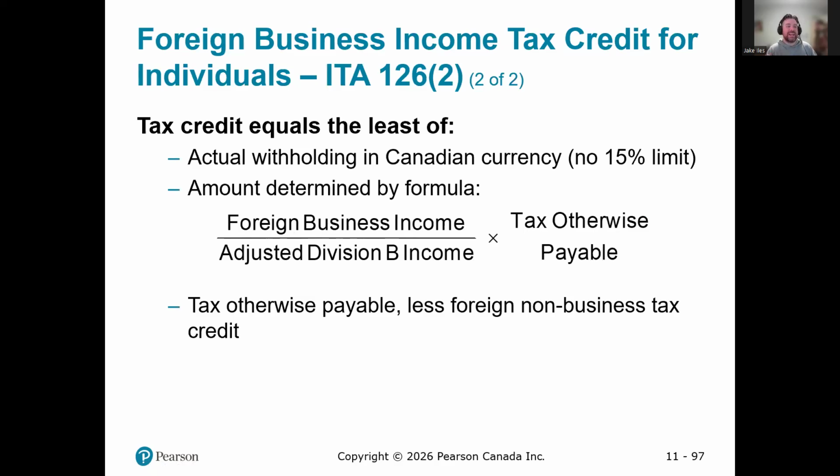So the tax credit can't be more than what we would have paid to Canada. If we did pay more, so let's say the foreign business calculation says 18% and we paid 20, that additional 2% we paid can be carried forward and applied in a future year. But we just don't get the credit now. Taxes otherwise payable, less foreign non-business tax credit.